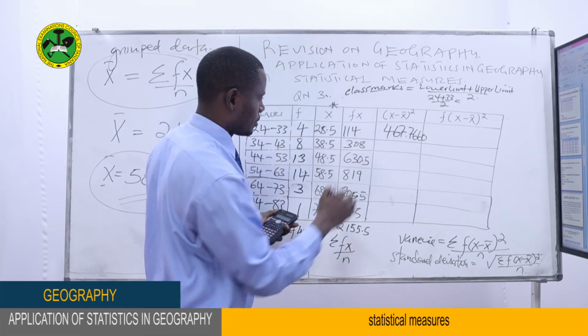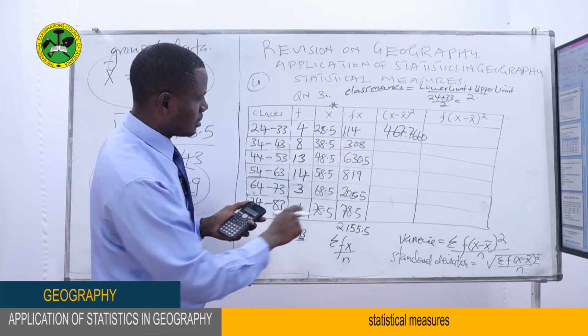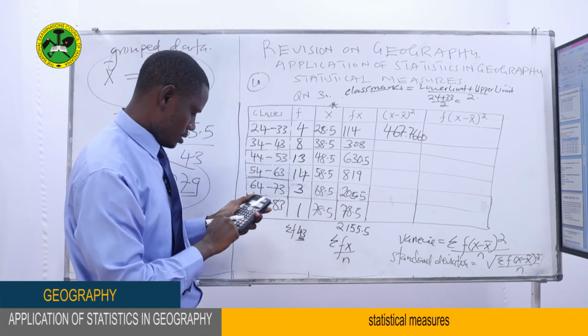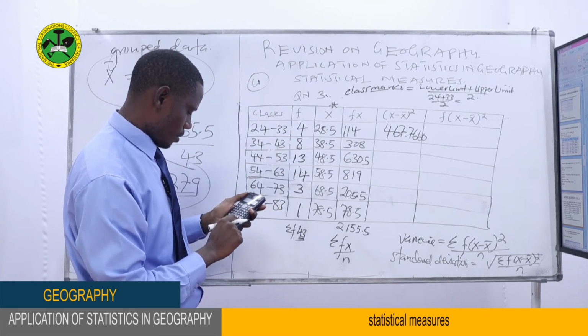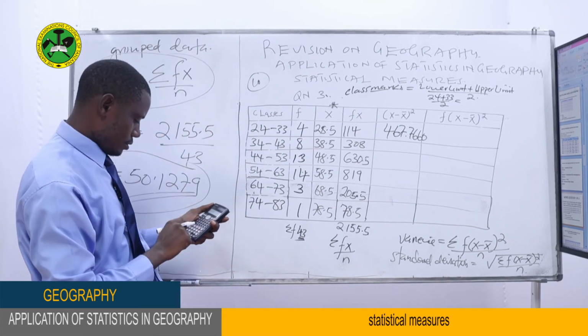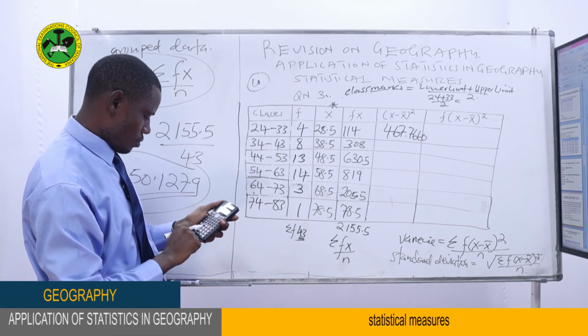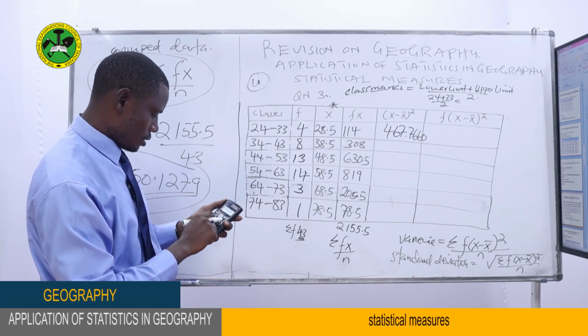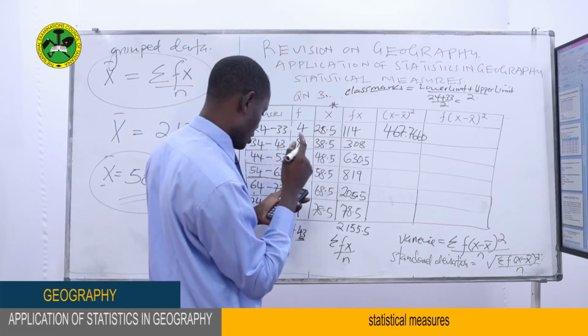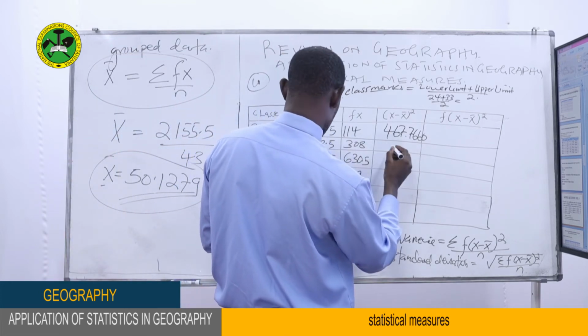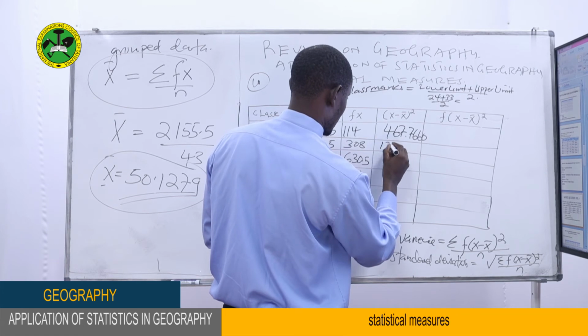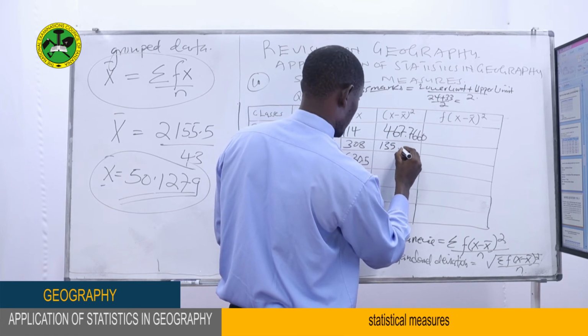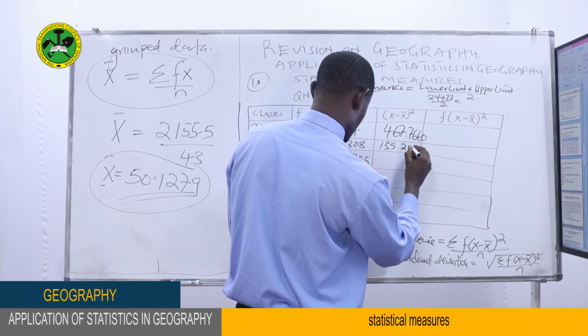It's about brackets. So we take the brackets. That is 38.5. We minus the mean. That is 50.1279 bracket square. Then we come up with 135.2080.